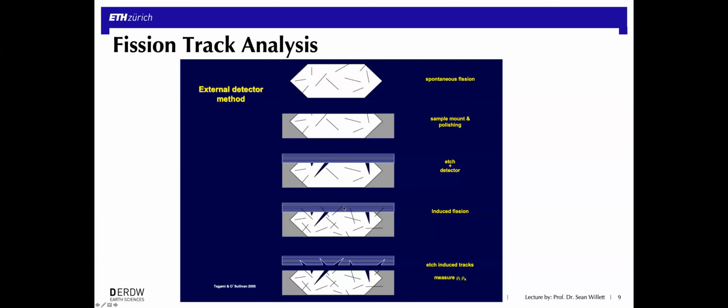Then the entire system is sent to a nuclear reactor, which bombards this with high energy particles of some kind, but this process then induces fission within the remaining uranium in that grain, and that fission will then leave a new set of tracks, which are called the induced tracks, and these will be present in both the muscovite detector as well as the grain here.